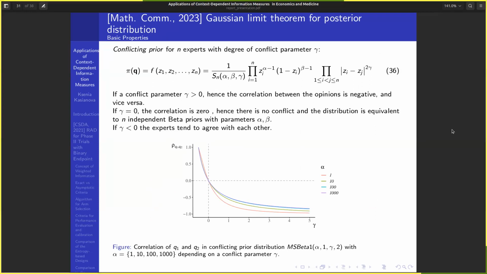The most interesting plot here is how gamma affects the correlation between two opinions. If our gamma equals 0, two opinions are not correlated. If gamma is greater than 0, then the correlation between the opinions is negative, and if it's negative, then the correlation is also positive, and we can say that in this case there is not a conflict, but otherwise experts tend to agree with each other.